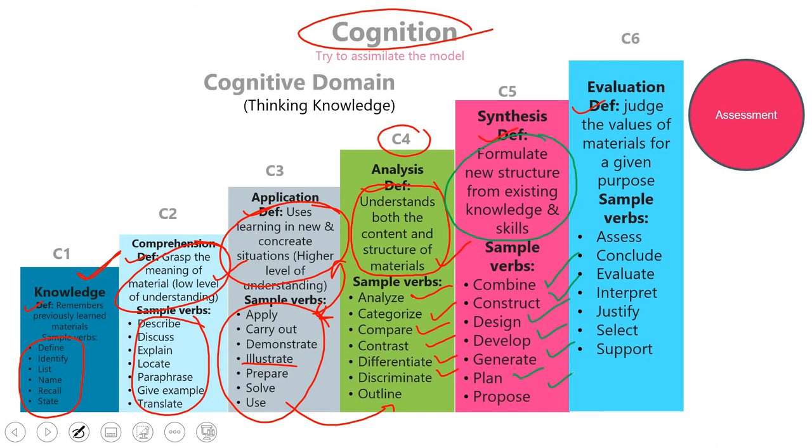For example, a student has a particular level of knowledge regarding recording an electrocardiogram, and of different leads: single lead ECG, 12 lead ECG. So he has knowledge of which particular lead is related to what. There are precordial leads, the chest leads, and he knows about all these things.